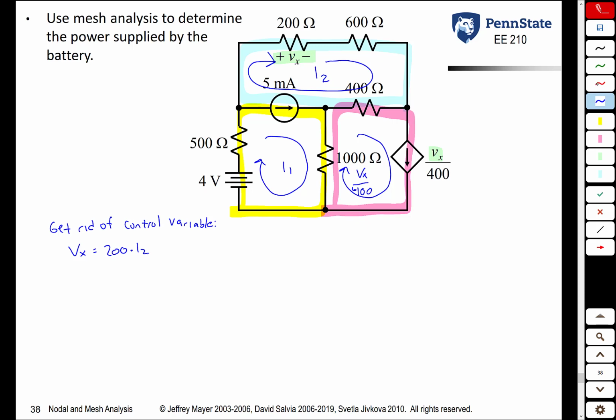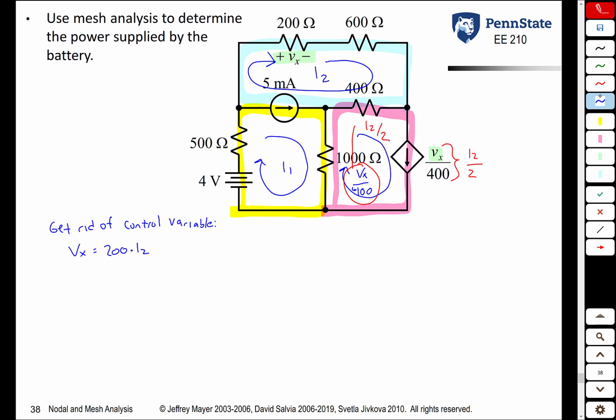Right away then, we can substitute that into this equation. So if this current source has a value of Vx over 400, it also has a value of I2 over 2. So this current source has a value of I2 over 2 amps. Once we got rid of the control variable, we can now write our KVL equations.